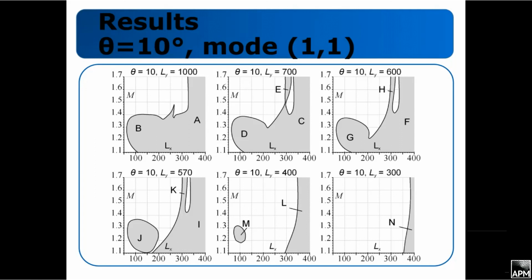In single mode flutter, one mode dominates, and in coupled mode flutter region A, two modes dominate, and this flutter is caused by the interaction of two modes. But the additional regions of flutter are caused by the interaction of several modes.